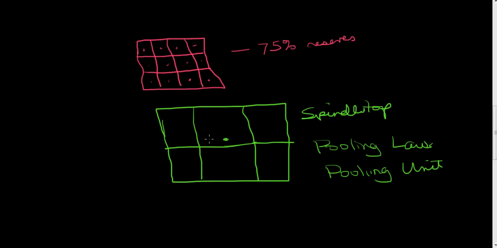What it said was, if you have one well, you can unitize. In other words, you can file for unitization with the State Conservation Commission, and then every owner gets a share of this production, even though the well isn't on their property.